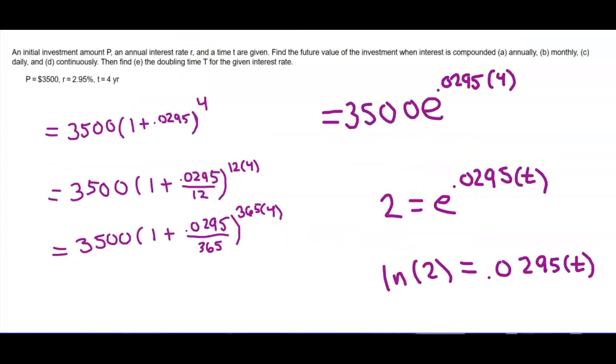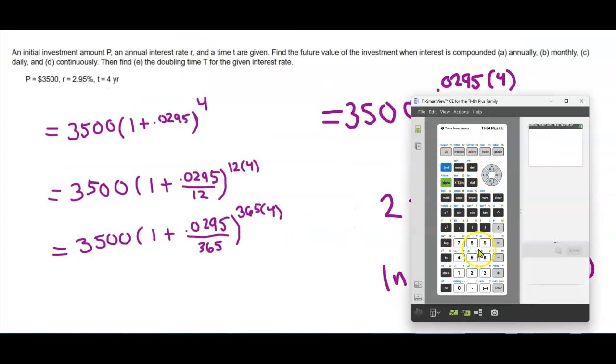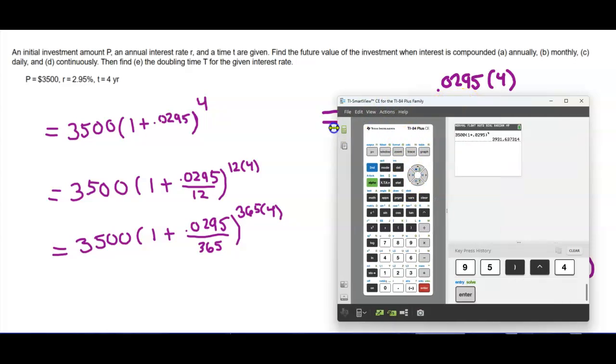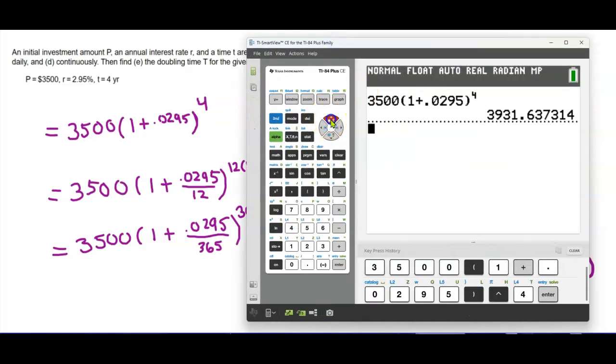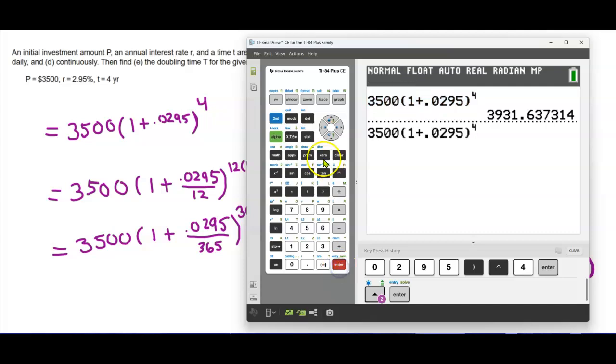So it's just a matter of putting all the stuff into the calculator at this point. Let's see, for example, the first one, 3,500 times 1 plus 0.0295 raised to the 4th. That's that output. We could do it for, I'm just going to copy this. We were doing this divided by 12 pieces for monthly.